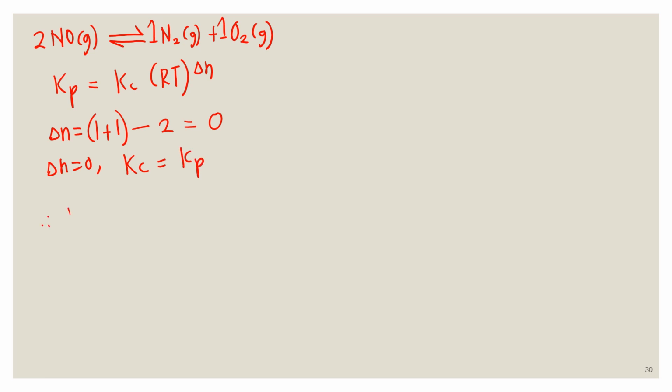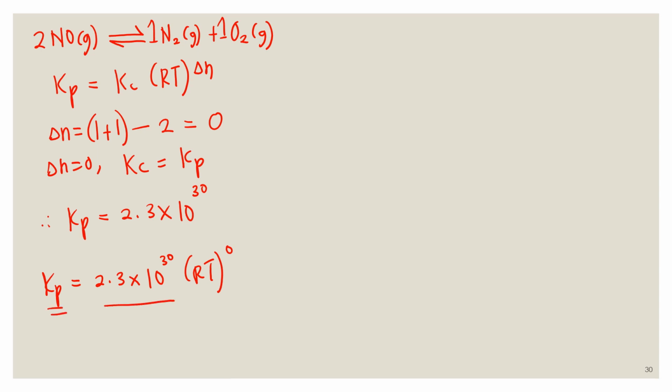So here, Kp equals 2.3 times 10 power of 30. Okay, so why can we get this value? Ini adalah kerana Kp equals Kc, 2.3 times 10 power of 30, times RT power of 0. So this will give the value of Kp equal to the value of the Kc.